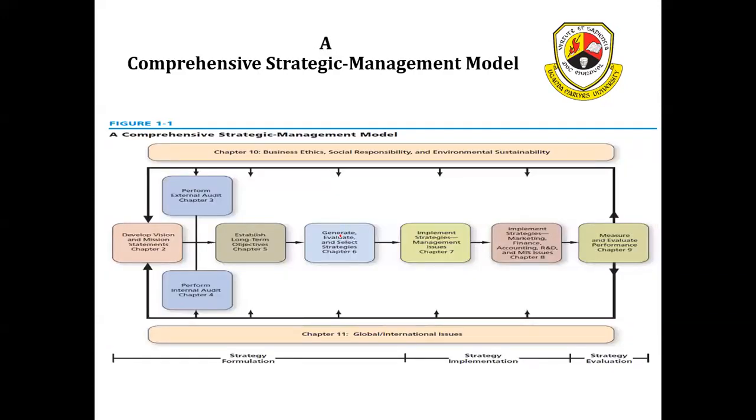Here I have a comprehensive strategic management model. There are many, but this is just an example that you can look at. Everything starts with the mission and vision statements of any organization, because they tell us where we want to go, but they also ask us to evaluate ourselves.